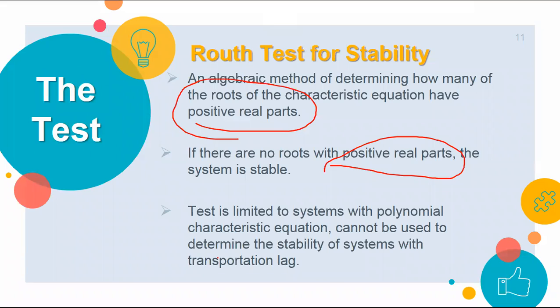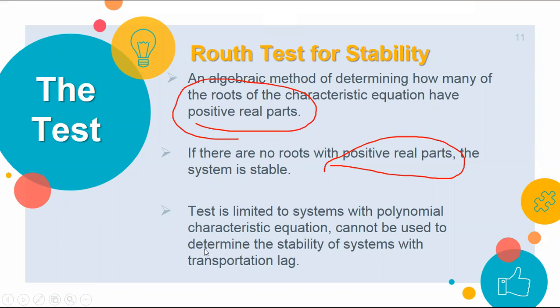It can only be used if you change your transportation lag into any of those approximations that I have mentioned, which you also learned. There are 3 approximations for that: Taylor's, the first order Padé, and the second order Padé. So you just have to choose. Then you're good to go.